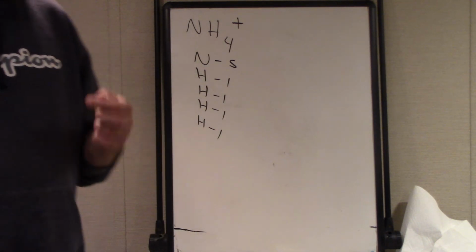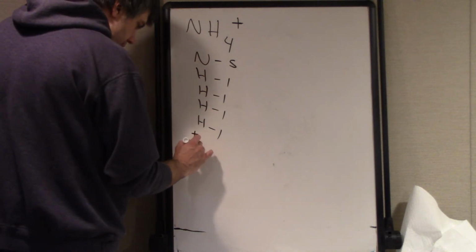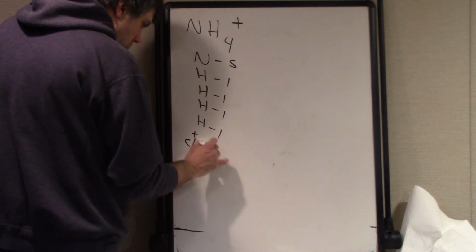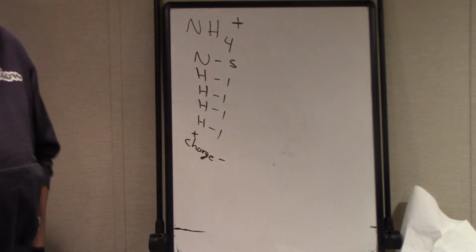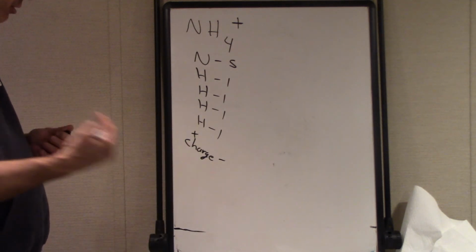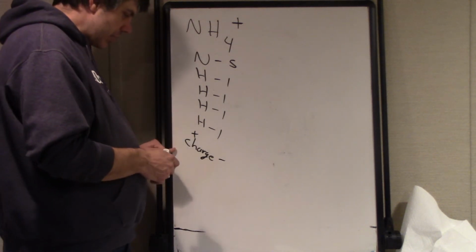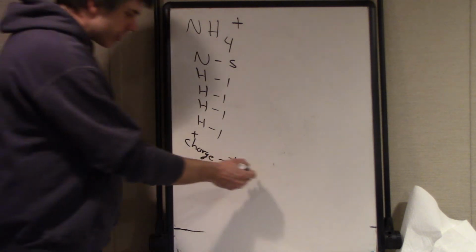What does that plus charge really represent? This plus charge really says I have one less electron than just what the nitrogen and the hydrogens were bringing into the mix here. Well, for that, I need to subtract off an electron.